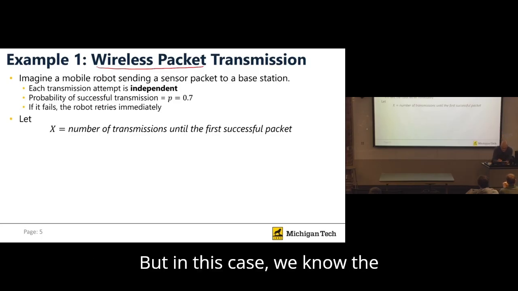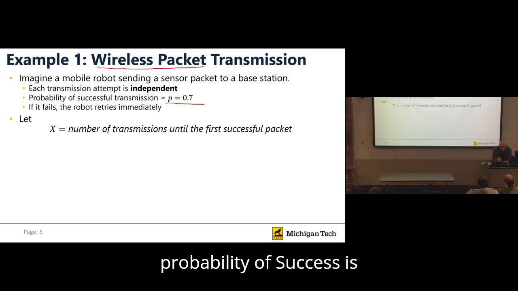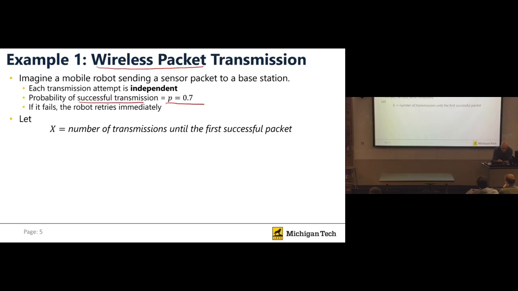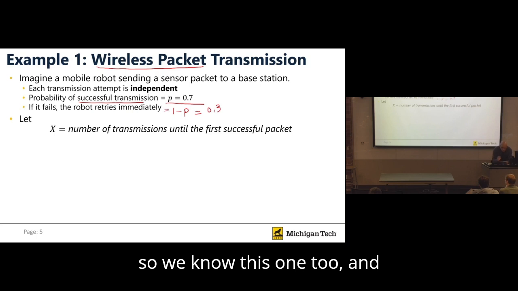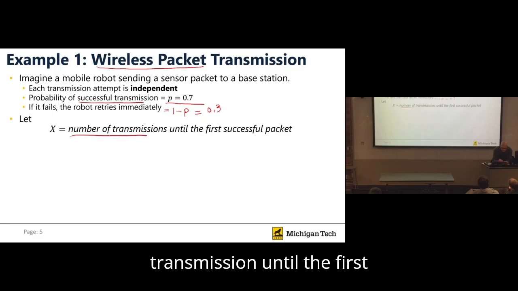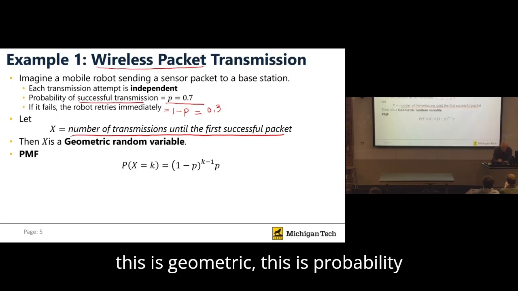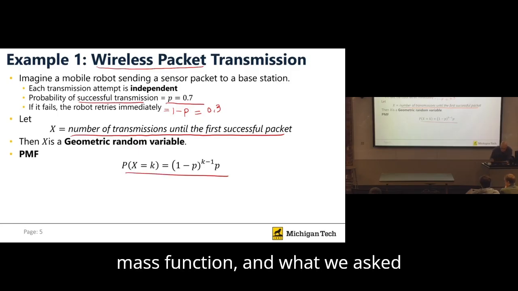But in this case, we know the probability of success is 0.70, and the probability of failure is 1 minus p, that is 0.30. And x is the number of transmissions until the first success happens. So this is geometric. This is the probability mass function.